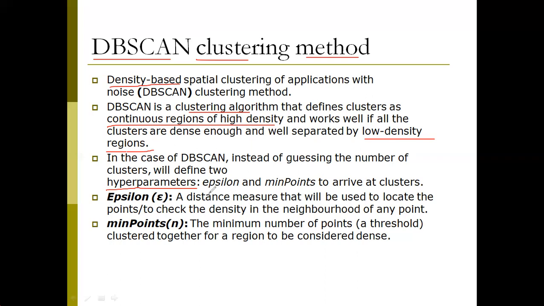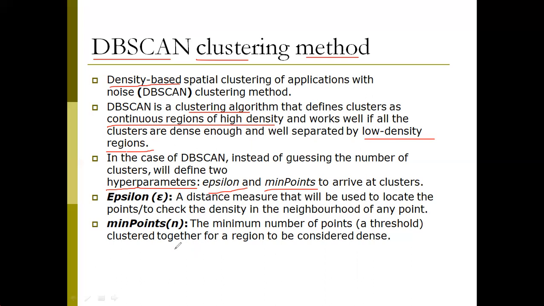The first one is epsilon. The second one is minimum points. What is this epsilon here? Epsilon is a distance measure that will be used to locate the points or to check the density in the neighborhood of any point.